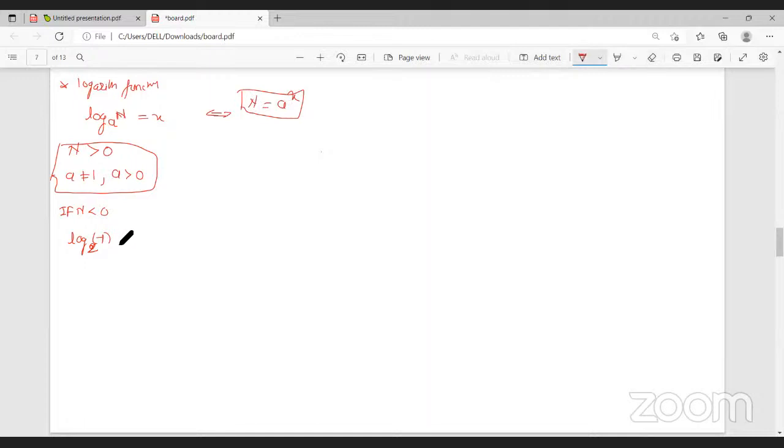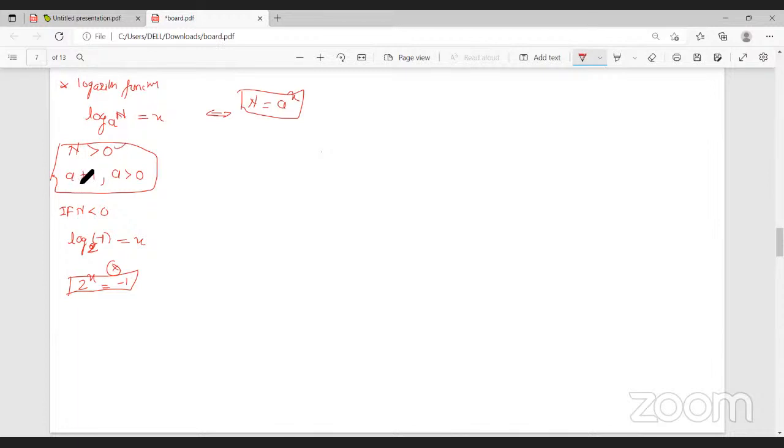Just look at this. Say it is equal to x. So I can write it as 2 to the power x equals minus 1, right? Is there any number x for which I will get a negative number, minus 1, for any power? No, right? So this cannot be allowed. n should be strictly greater than 0, right?